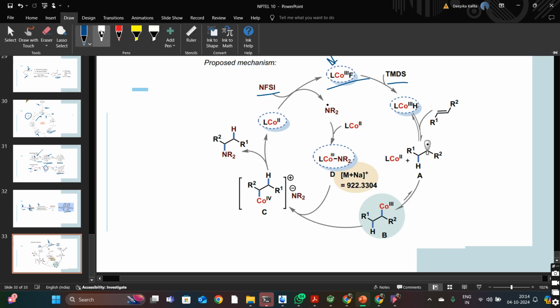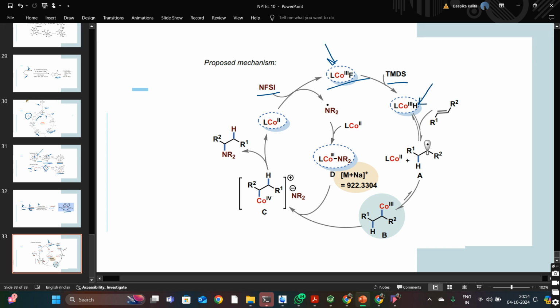So this tetramethyl disiloxane is going to supply this proton to the fluorinated cobalt catalyst. Now, this newly formed cobalt metal complex is going to react with our alkene to undergo reaction to give us the intermediate A, where this hydride has been donated to the alkene.